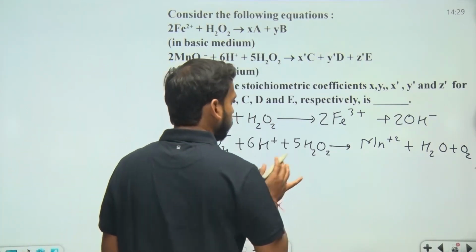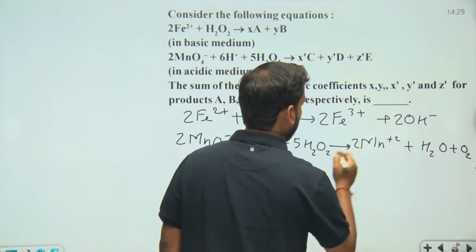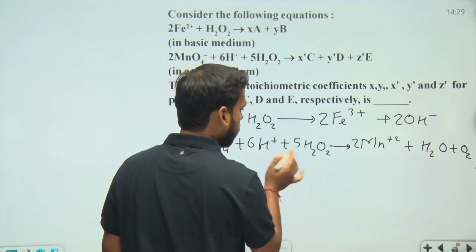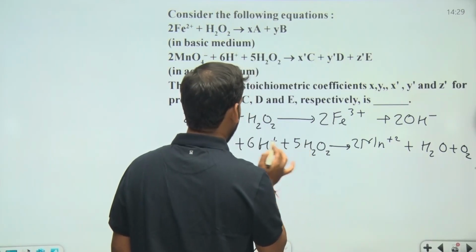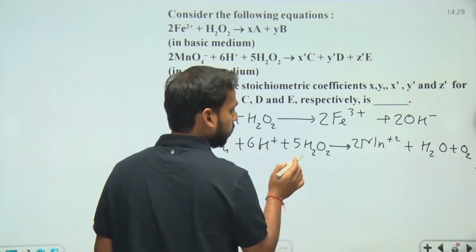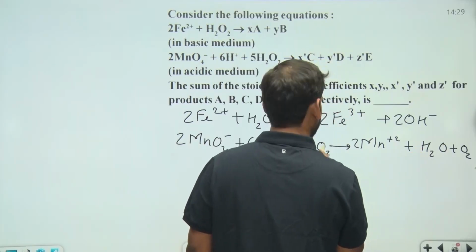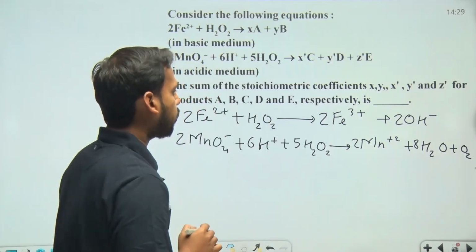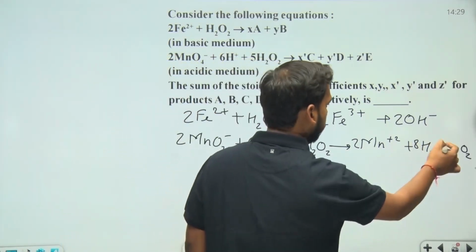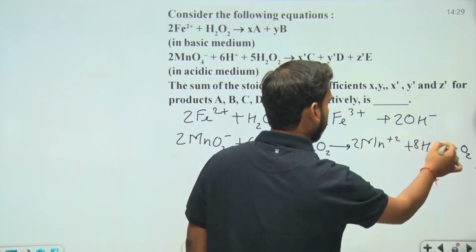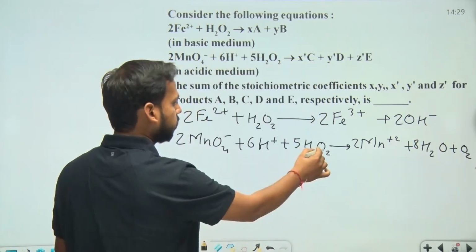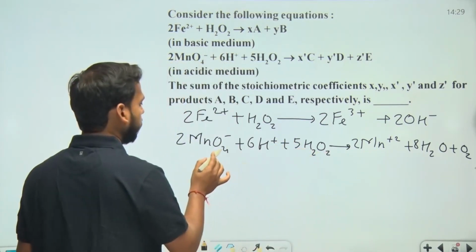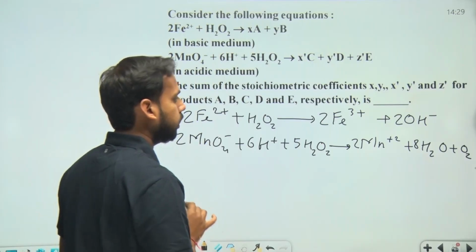If we balance this, it will become 2Mn, and from the H point of view, 6 of H plus here, 5 into 2 is 10, so it will become 16 and 8 on the product side. On the oxygen point of view, 8 oxygens and this 10, and here 10, 5 into 2 is 10, and 8.